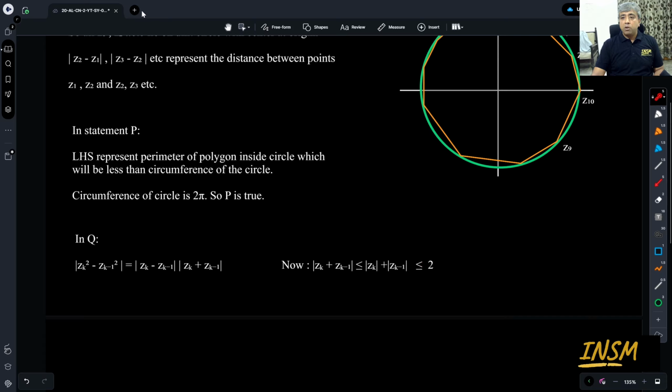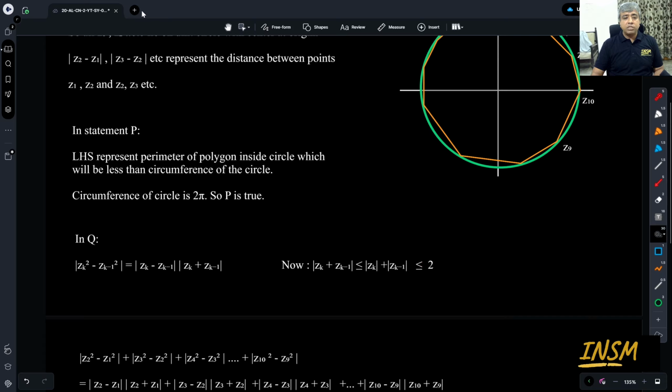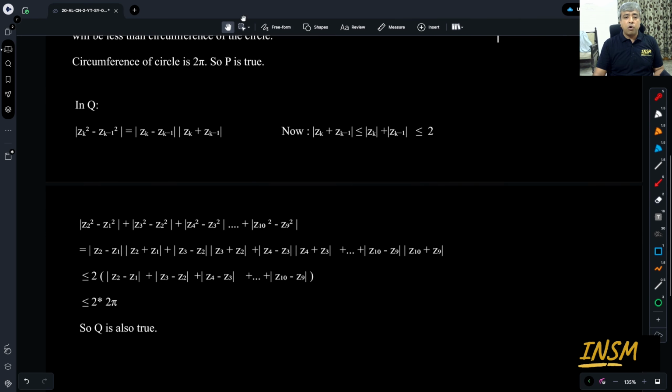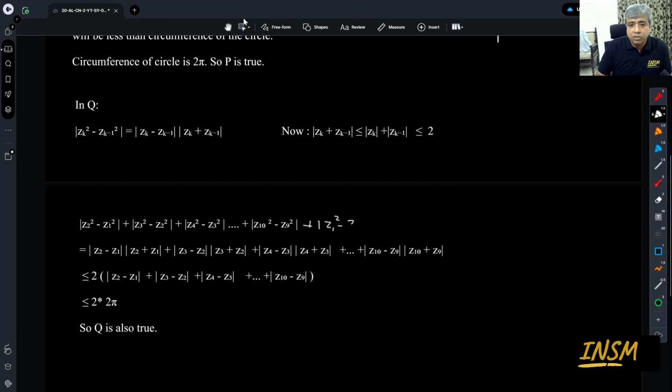Now we write the whole series here, the one given in Q on the left-hand side: mod of z2 square minus z1 square and so on till z10 square minus z9 square, and you can add, it also had plus mod of z1 square minus z10 square.